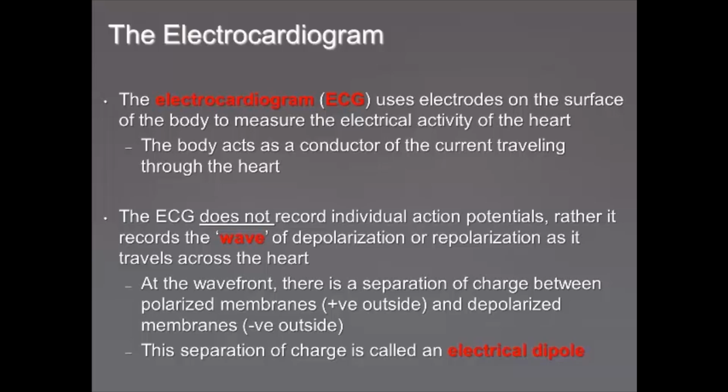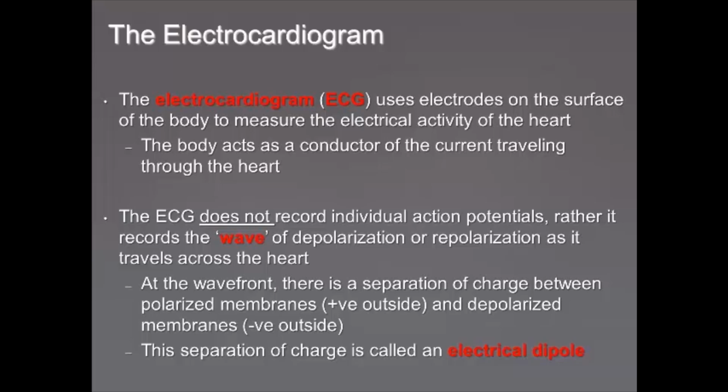The electrocardiogram, again, is going to use electrodes across our body to measure the electrical activity of the heart. The body does act as a conductor for this signal, so that's how we can do this, just by connecting some wires to our body with some electrodes. The ECG does not record individual action potentials. Instead, it's the wave of depolarization.